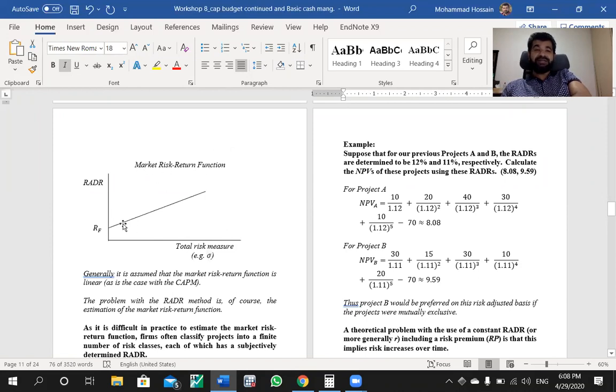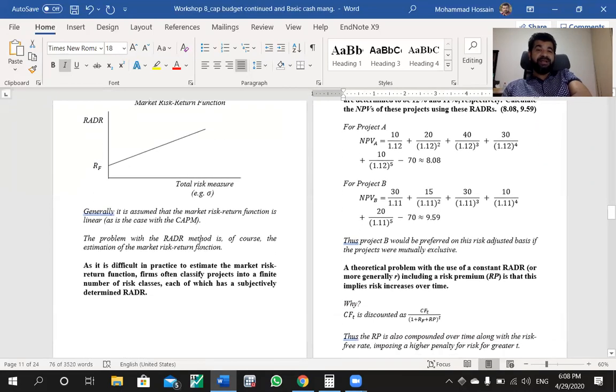So you can see this is actually a linear equation, a straight line. Generally, it assumes that the market risk return function is linear.